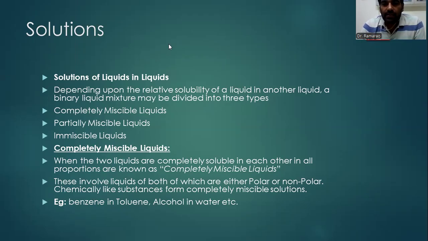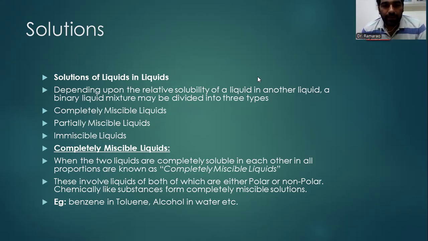For gas and gas, examples are air, cooking gas, humidity, etc. Gas and liquid, soda water; gas and solid, hydrogen in palladium; liquid and solid, mercury in zinc amalgam. Another example, moisture in air. Solid and liquid, salt in water, sugar in water; and solid and gas, smoke. So we have different types of examples for solute and solvent.